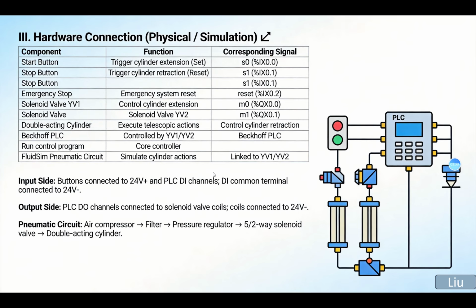Then you can see the hardware connection of this PLC. You can see the start button and stop button connect to S0 and S1. The function is to trigger cylinder extension and cylinder retraction, set and reset.